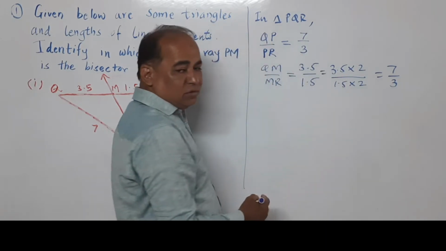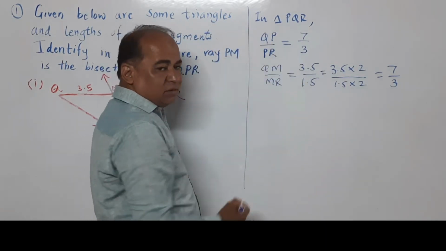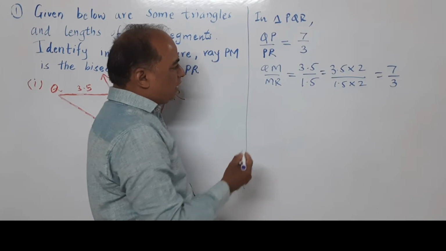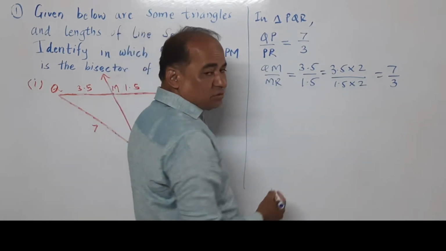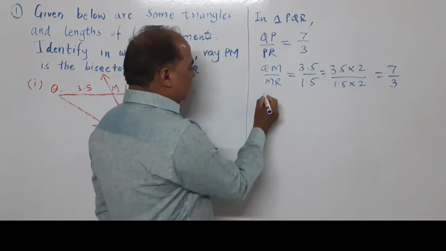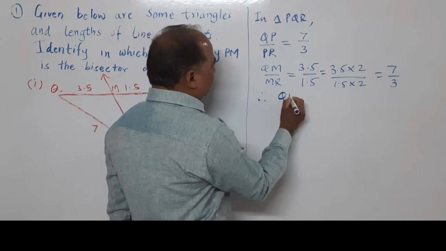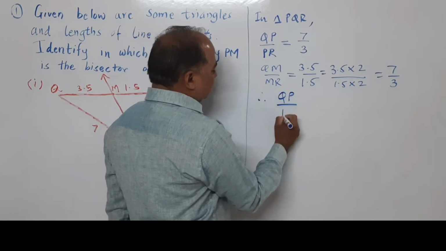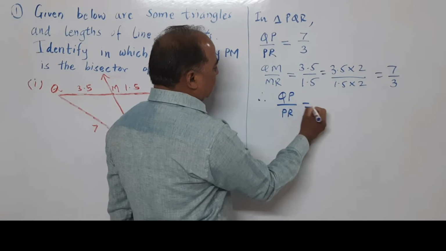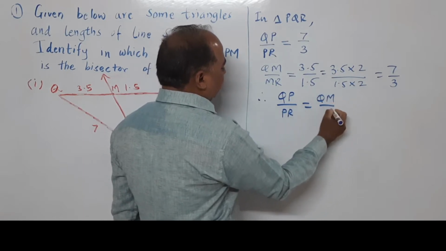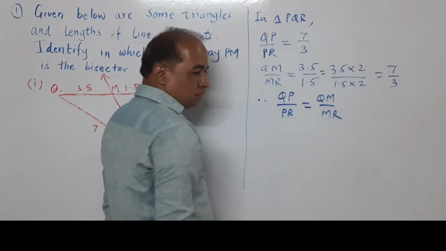Now the ratio QP upon PR is 7 upon 3 as well as QM upon MR is also 7 upon 3. So therefore in triangle PQR, the ratio QP upon PR is equal to QM upon MR.